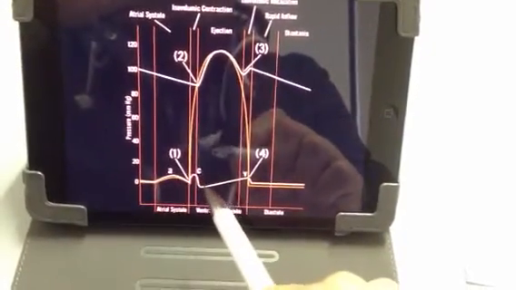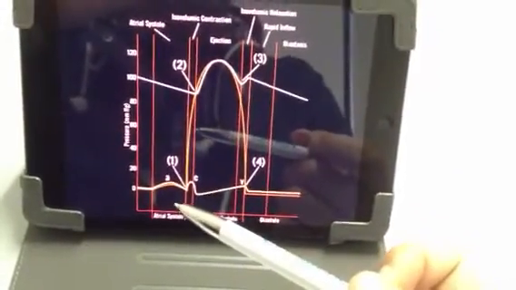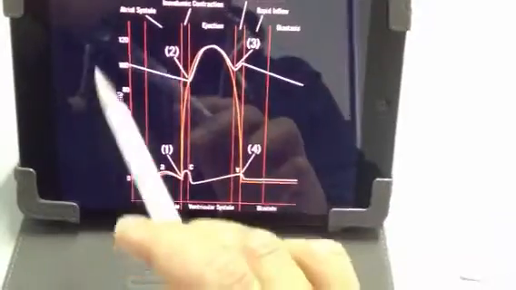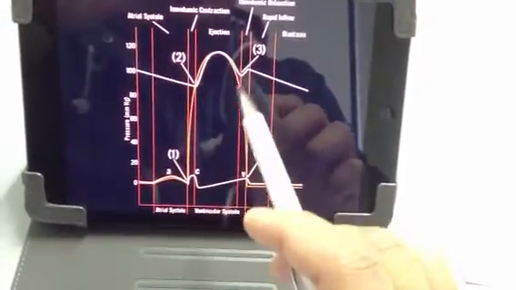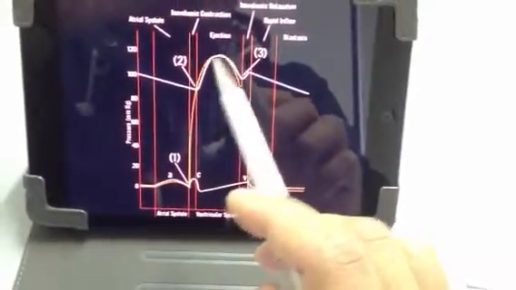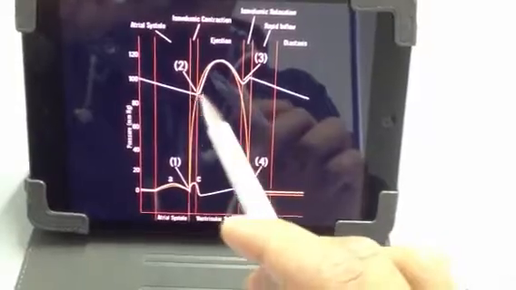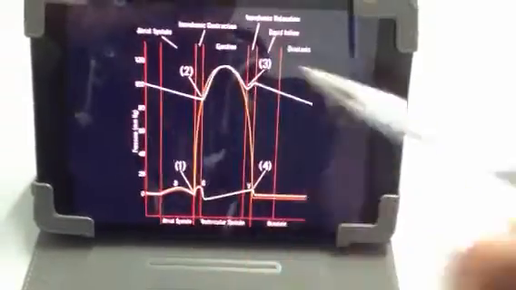This is the left atrial pressure. But for JVP, obviously it's right atrial pressure, but the concept is the same. And this is the arterial pressure. So 120 over 80, that's normal blood pressure.